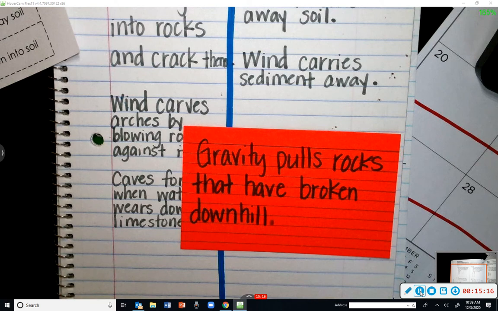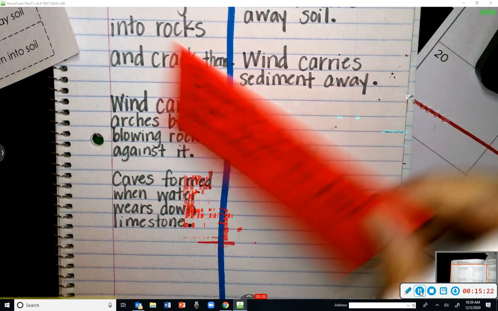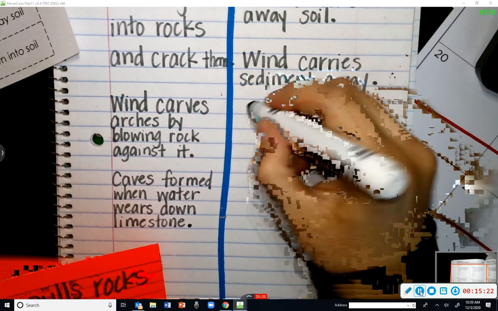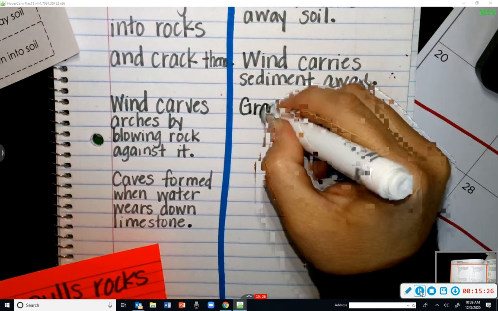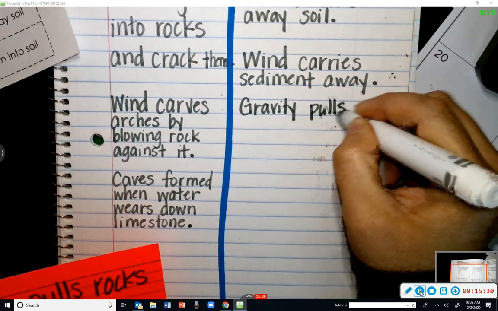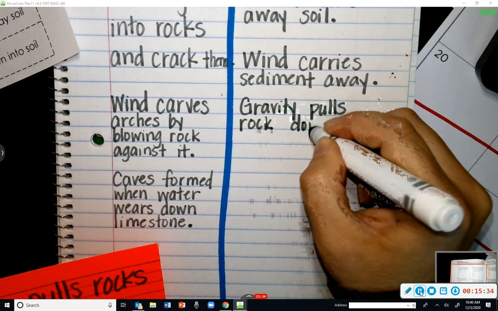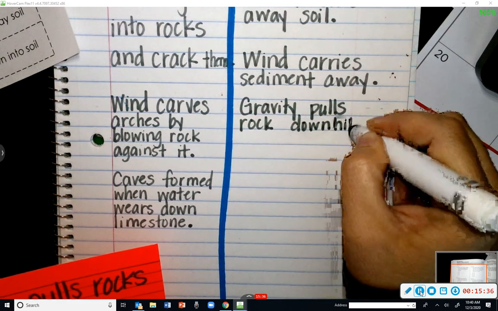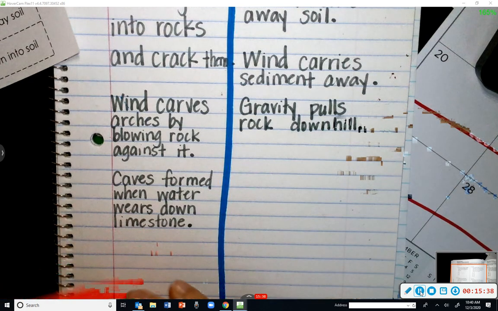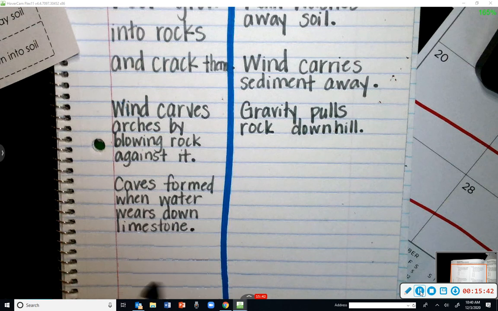What do we think, class? Erosion. Good. Erosion, because the gravity is moving the rock downhill. So if it's being moved to a new location, that's erosion.